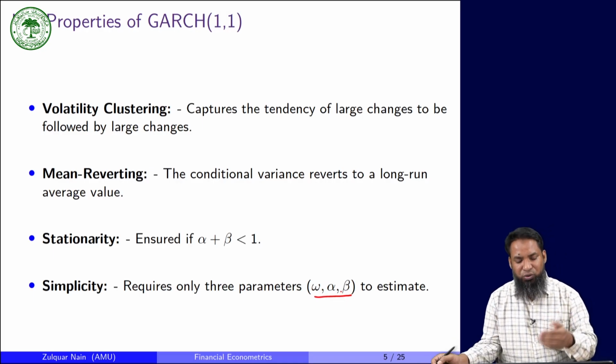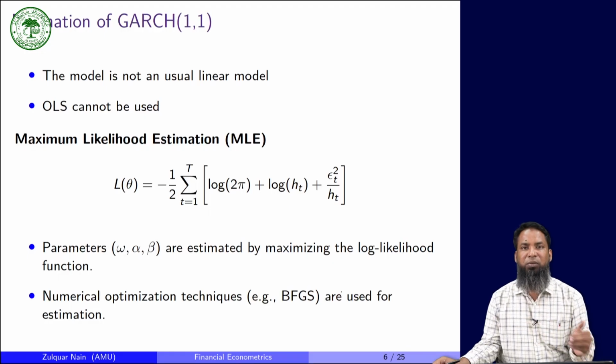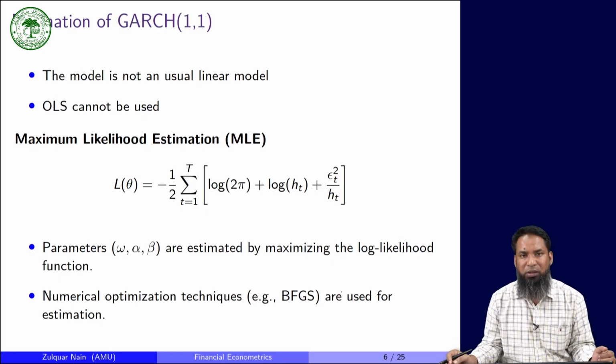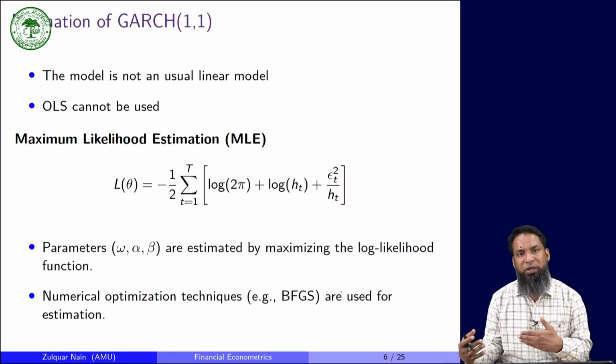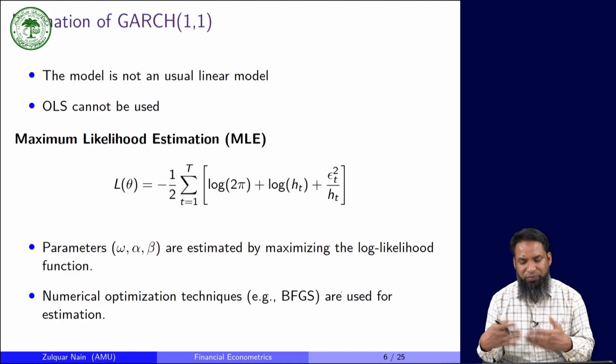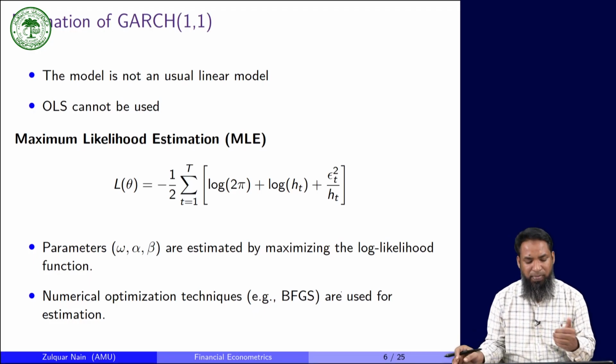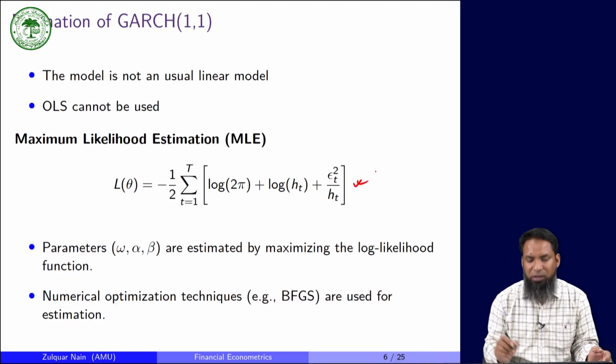However, can we use OLS to estimate this particular model? No, we cannot, because this is not the usual linear model which we discussed in the previous lectures. This has a different structure, therefore for the estimation we need a different tool, a different methodology. So for that we resort to maximum likelihood estimation. This is the maximum likelihood function.